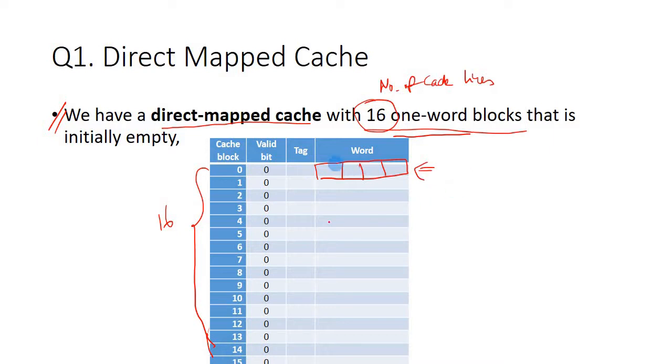For the cache lines we need 4 bits, 2 to the power of 4, and here we need 2 to the power of 2, which is 4 bytes. So we know that 2 bits are for the byte offset and 4 bits for the cache line index.